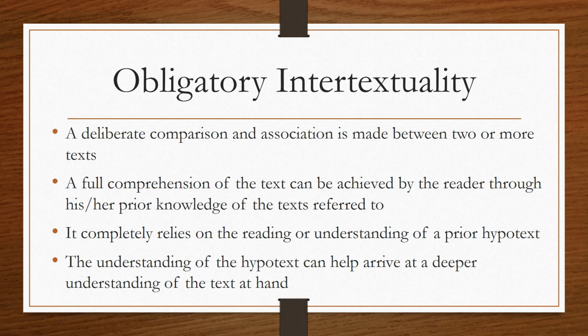So, a full comprehension of the text can be achieved by the reader only through his prior knowledge of the texts or the references that are referred to by the writer.